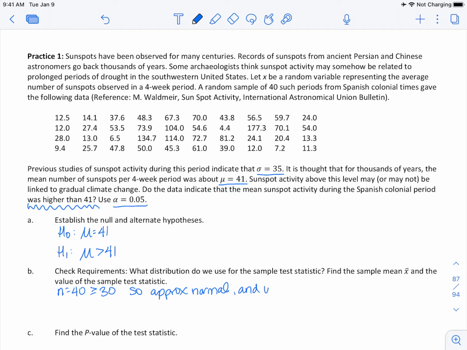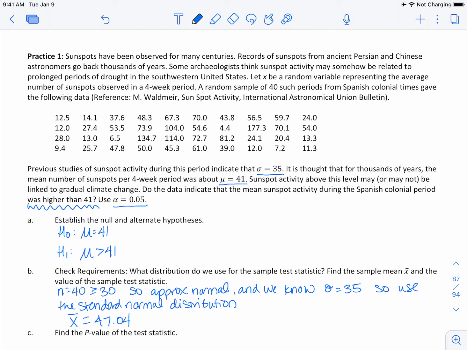And we know our sigma is equal to 35. So we're going to use the standard normal distribution. Okay, if we put all of this data into our calculator, we're going to find that our sample mean is 47.04.